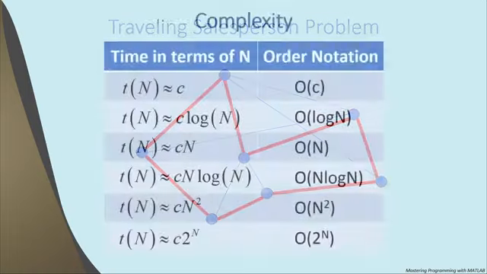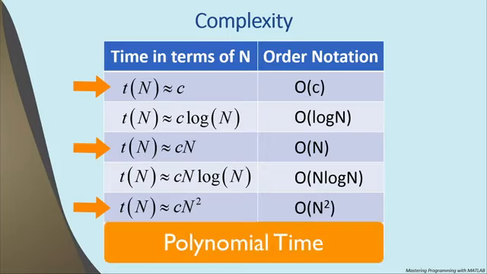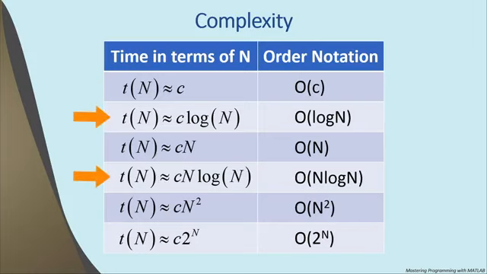Well, we've now looked at problems with the 6 time dependencies that are most commonly taught when introducing algorithmic complexity. 3 of them are powers of n, and since powers of n are examples of polynomials in n, they're said to belong to the set of complexities that grow in polynomial time. 2 of these complexities involve the log of n, and if you're wondering why we don't show the base of the log, that's because changing the base is just the same as changing the constant c, so the base has no effect on the complexity expression.